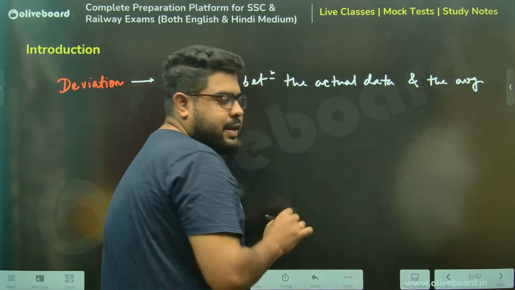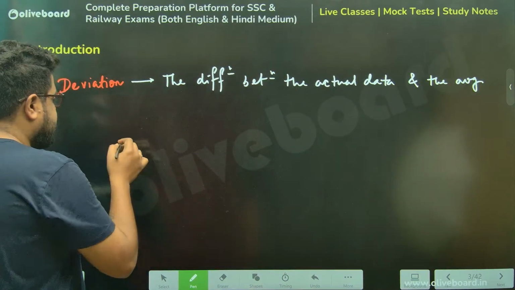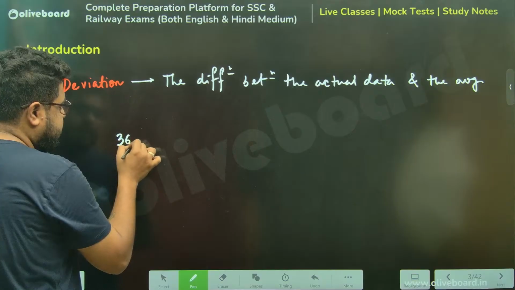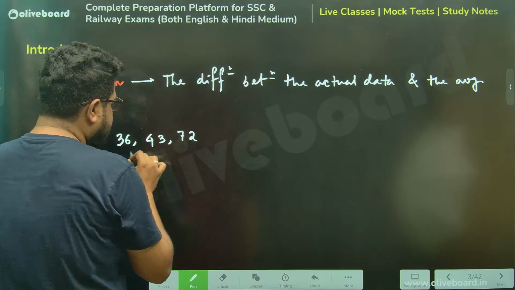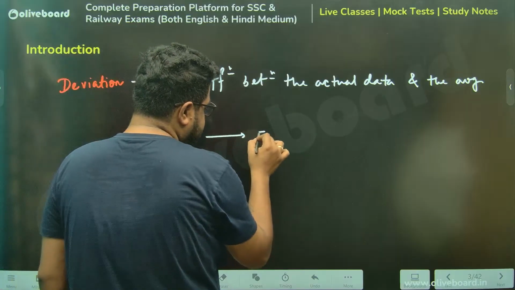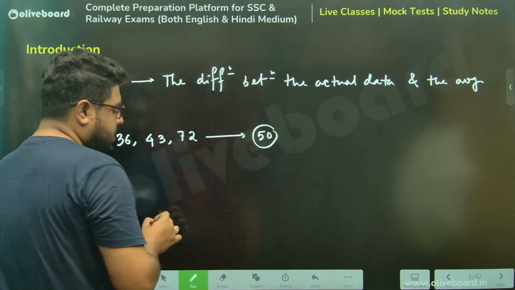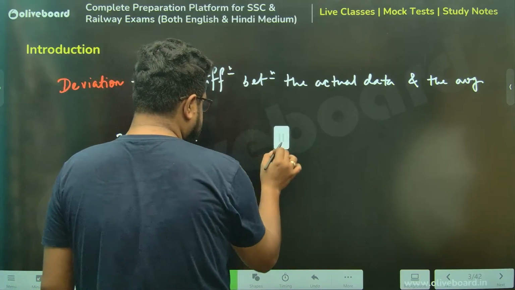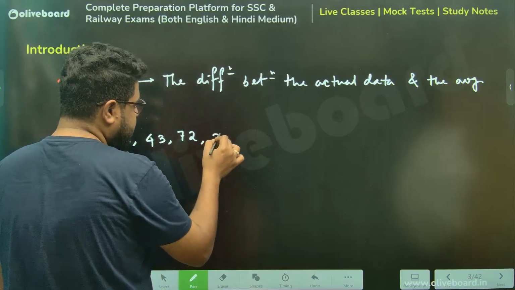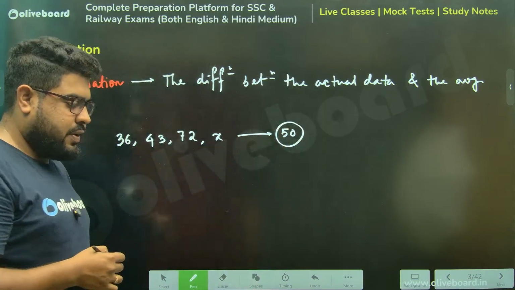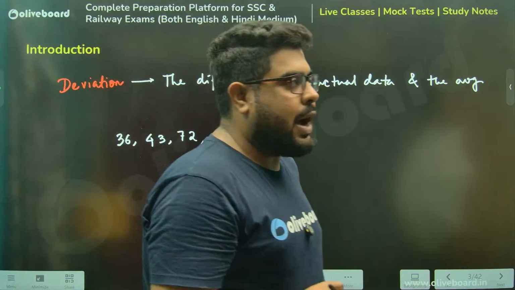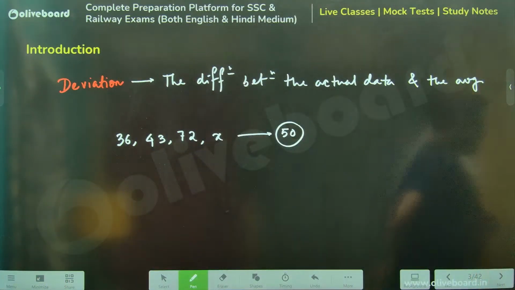For example, if there is a data set like 36, 43, 72, and the average, let's say, is 50, or rather let's do one simple thing. Let's take another number x. The average of these four numbers is 50. How do we calculate the value of x?